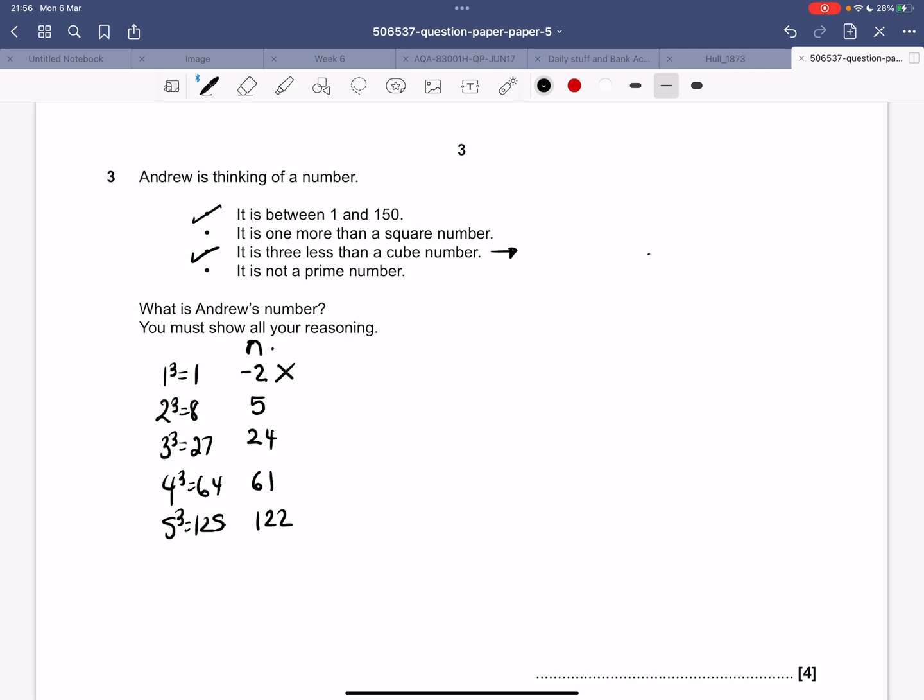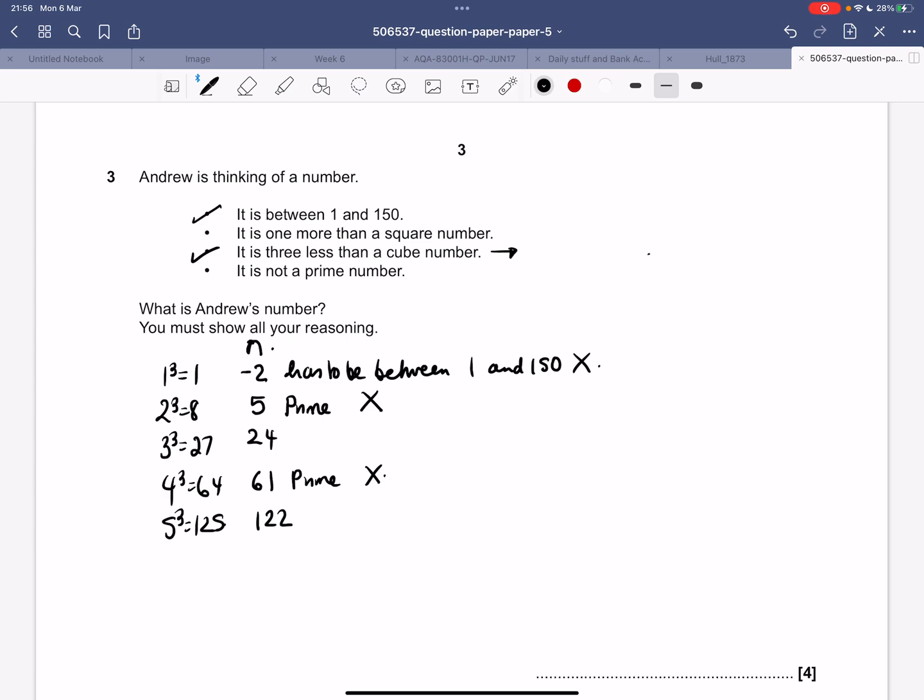Now the next thing to do, it is not a prime number, because I've got these numbers here. 5 is prime, so it's not 5, and 61 is prime, so it's not 61. Okay, it's not 2, because it has to be between 1 and 150, so it's not 2.